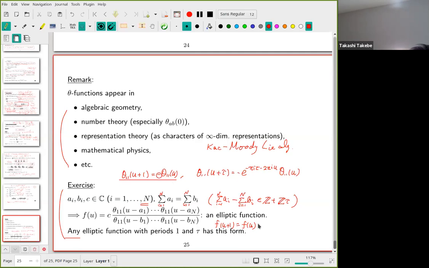And when u is shifted by tau, we get many factors like this. Actually is equal to various.